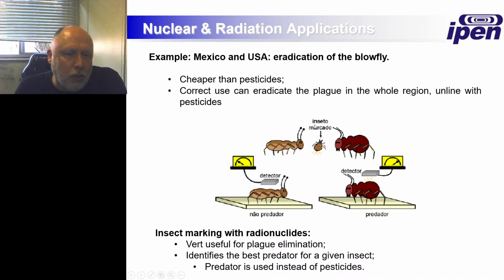And then you do this in the lab, and then you take some population of this predator to the region where you want this bug to be eliminated. This technique in general is also used in industry and many other places. It's called radiotracer, meaning you use radiation as a tracer.